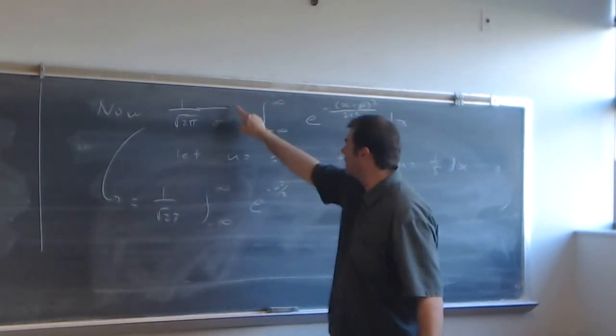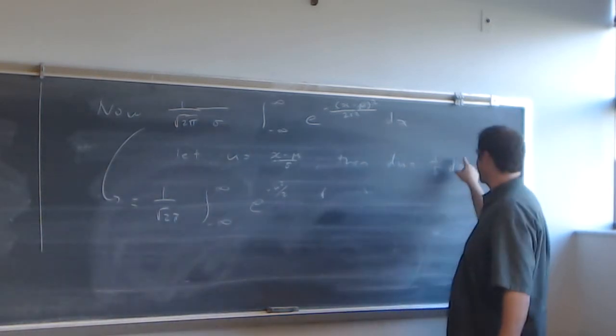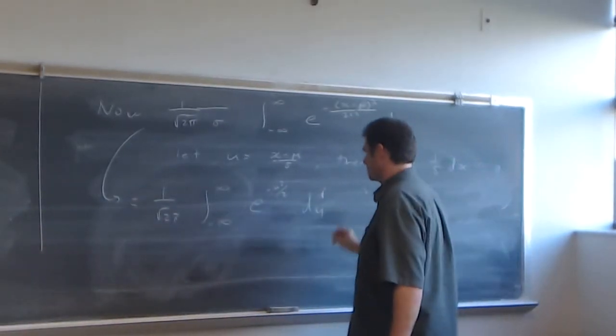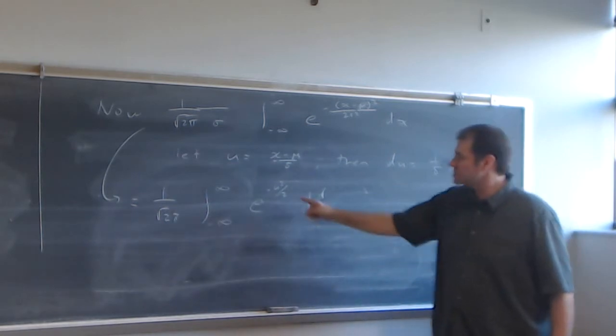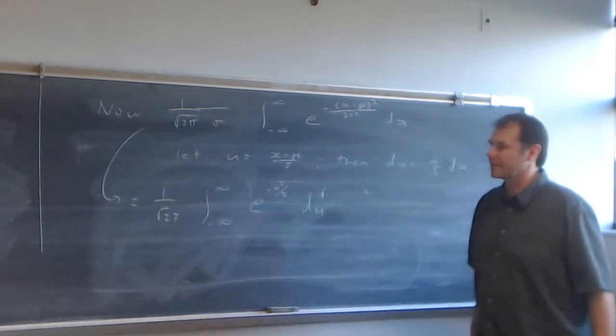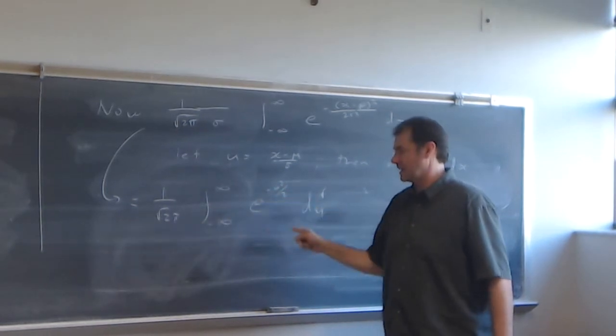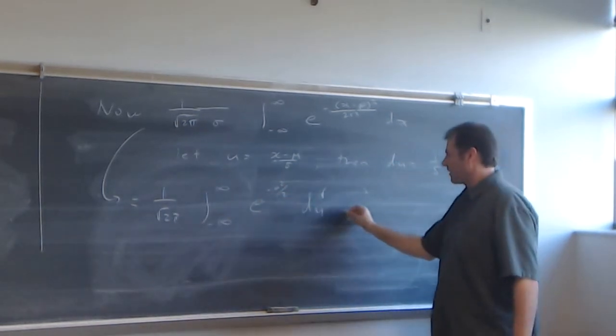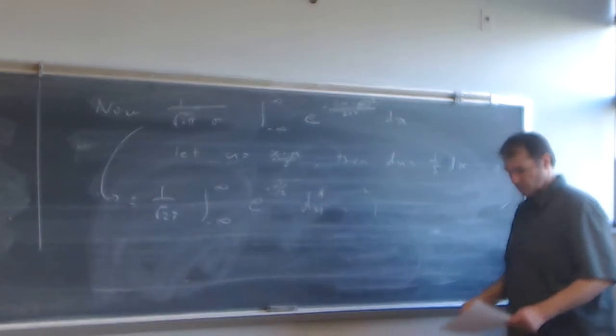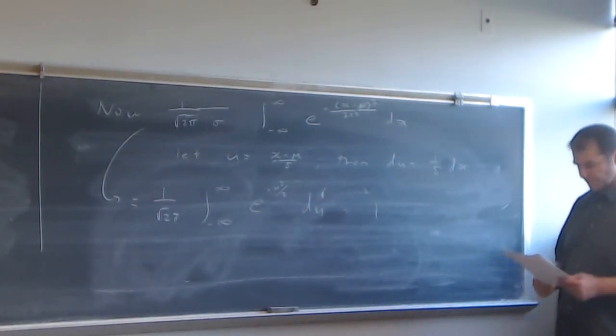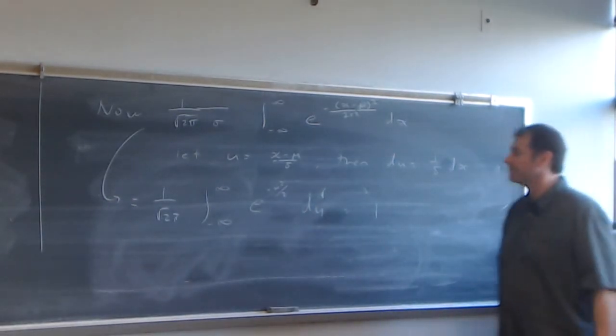This 1 over sigma I bring in with the dx, and that's du. And we just looked at this quantity on the other side of the board where the variable was x, but it's the same integral, and we found that to be equal to 1. So that's what we have.